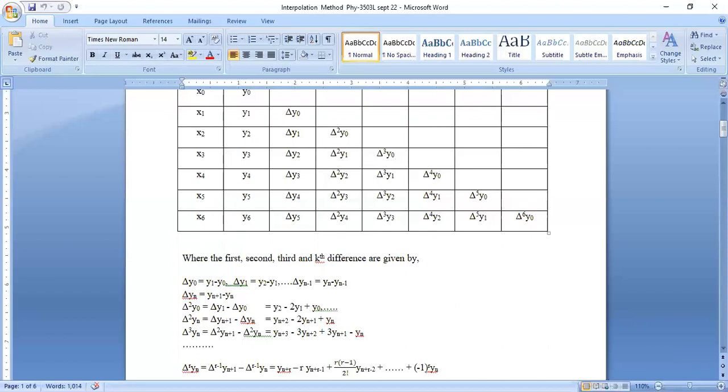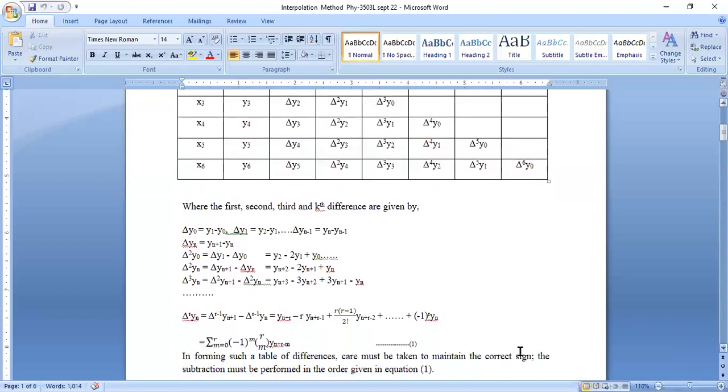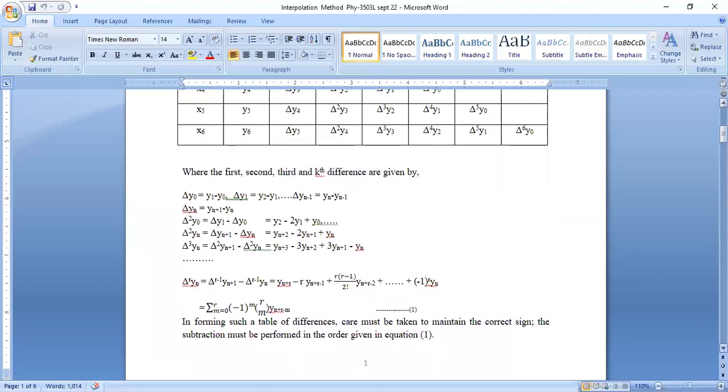Similarly, if you can find del to the power of r yn, a general formula, one can write this formula using the symmetry. So once you know this expression, one can write these expressions using the symmetry. Now, in forming such a table of differences, you have to take care about the sign.